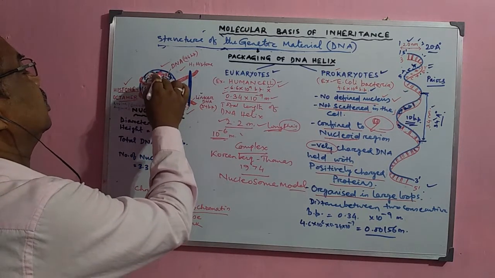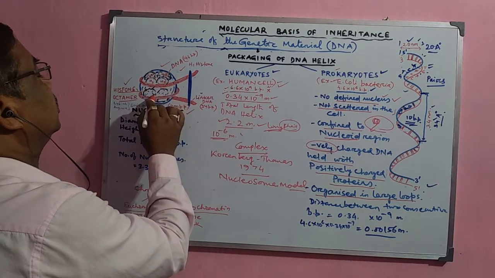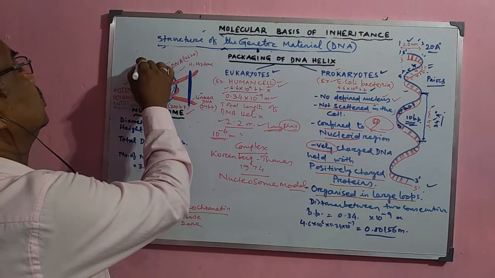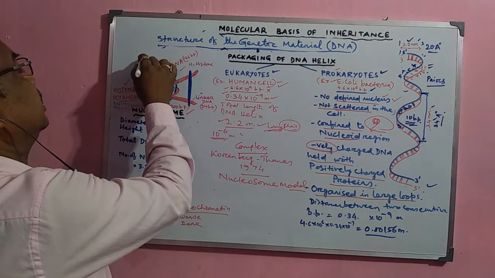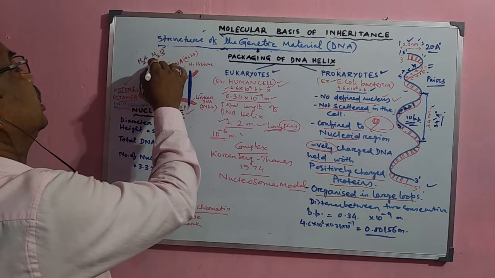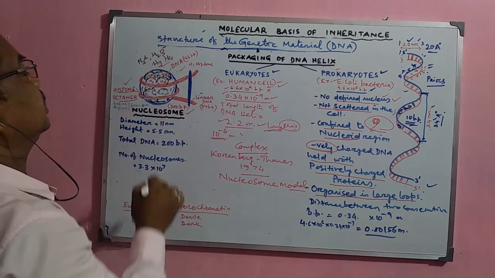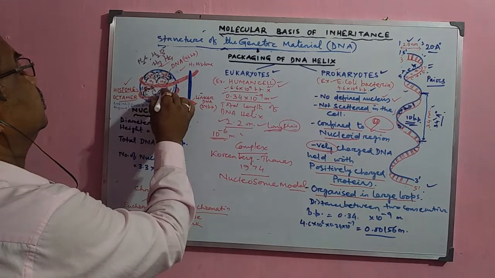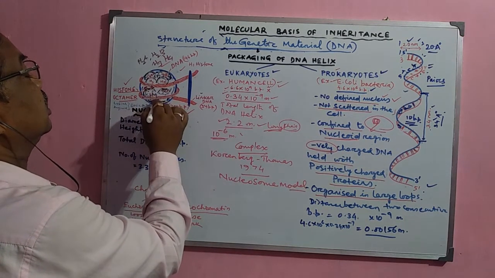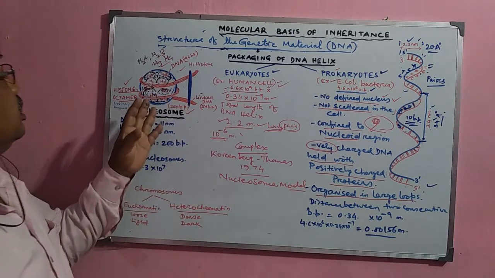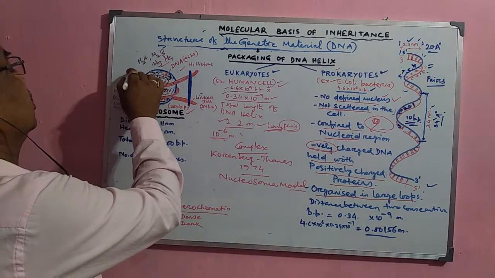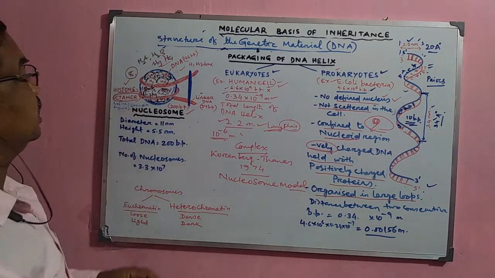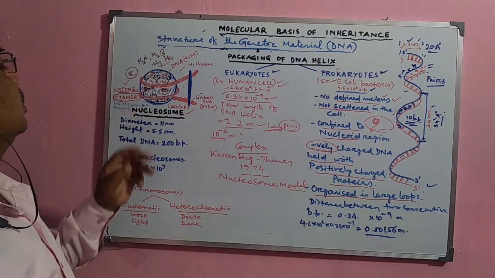There are 4 in the upper side and another 4 in the lower. These are named differently: H2A, H2B, H3 and H4, and the same 4 again in the other half. These are 8 in number, so that is why it is called an octamer. Octa means 8.